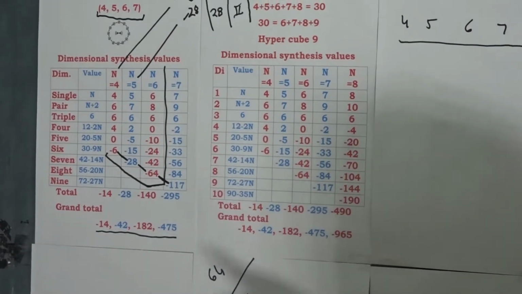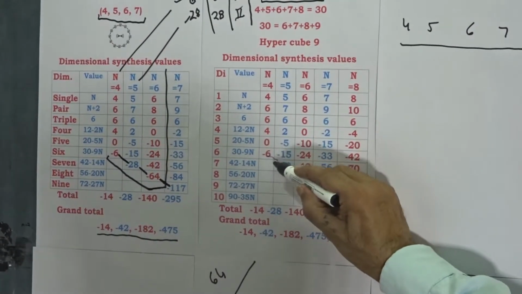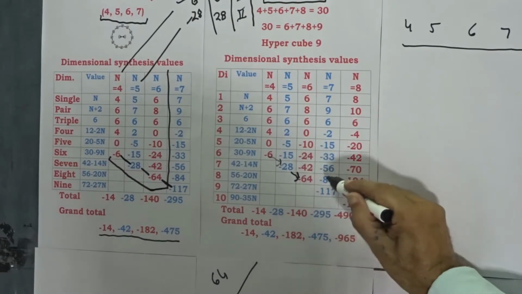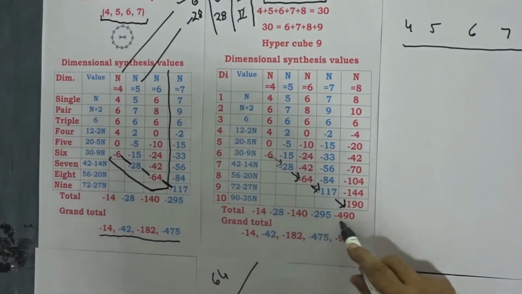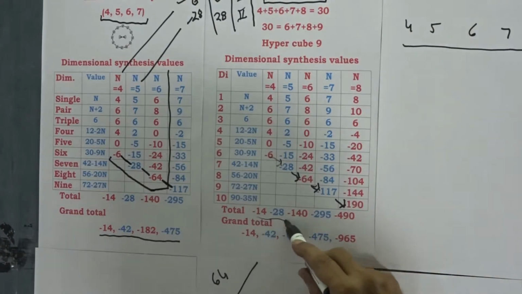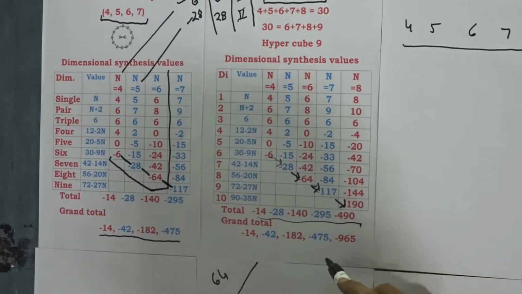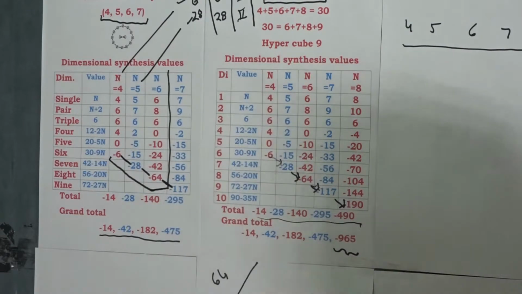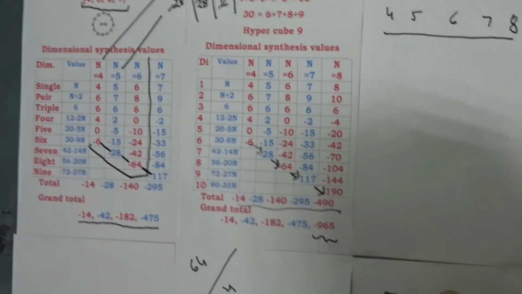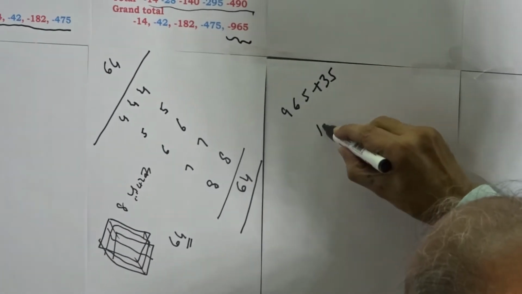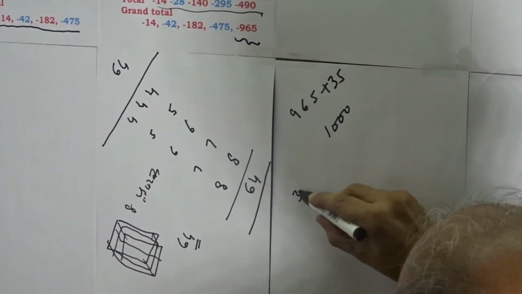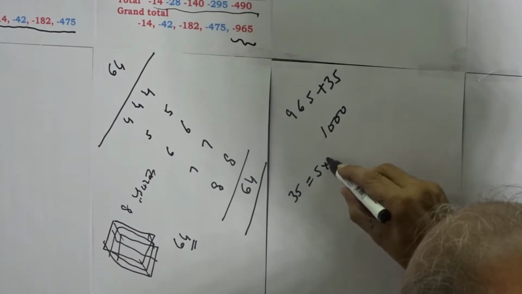See how we are reaching value 6 to 28, then to 64, then to 117, then to 119, and these grand values come to be as these are, and then it takes us to the value minus 965. Value 965 means the value is 35 deficient from the value 1000. 35 is equal to 5 into 7.